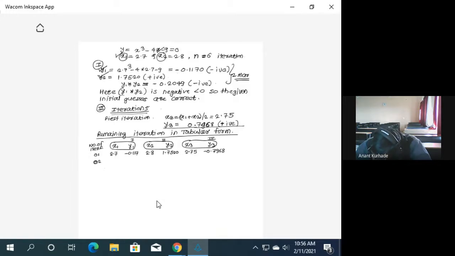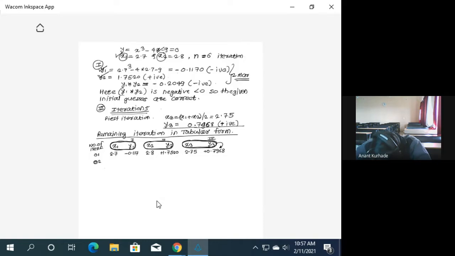Now just focus on the sign of y3. Here the sign of y3 is plus, the sign of y2 is plus. For the second iteration, always check the sign of y3, meaning always check pair number 3. The sign of y3 is plus. In the previous two pairs, which pair has y as plus? The second pair.